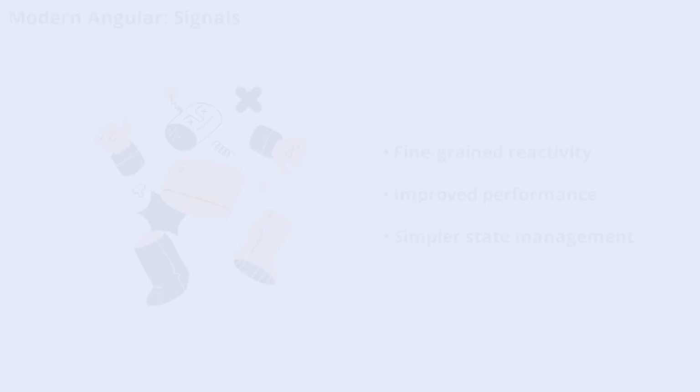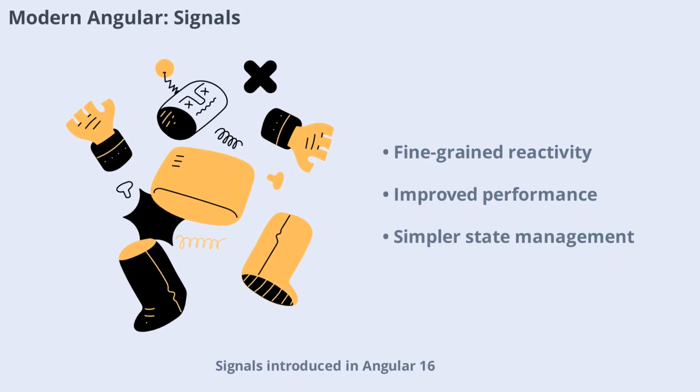Signals, introduced in Angular 16, are a new way to manage reactive state and change detection. They provide fine-grained reactivity, updating only what changes for better performance. Signals use a simpler syntax and support computed values that automatically update when dependencies change.